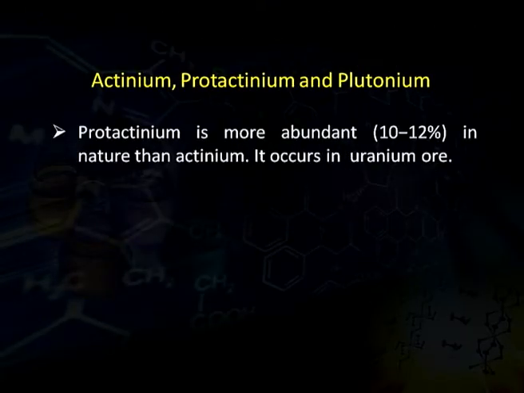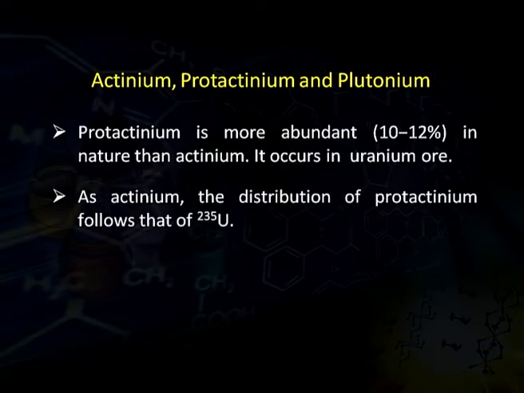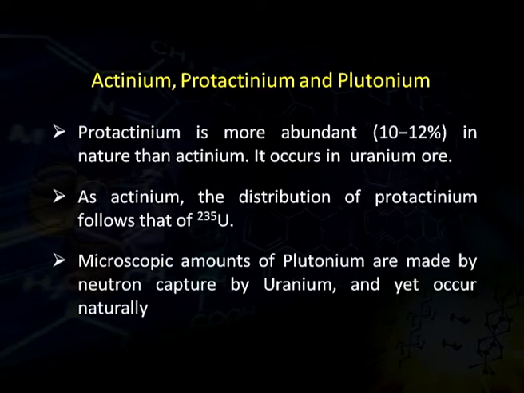Protactinium is more abundant in nature than actinium, about 10 to 12%. It occurs in uranium ore along with uranium. As with actinium, the distribution of protactinium follows that of uranium-235. Microscopic amounts of plutonium are made by neutron capture by uranium, and yet it occurs naturally.